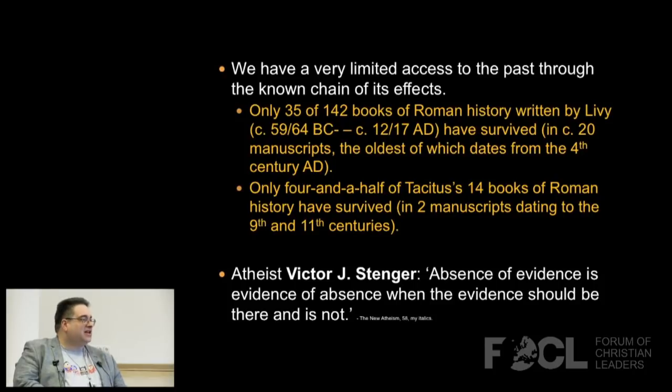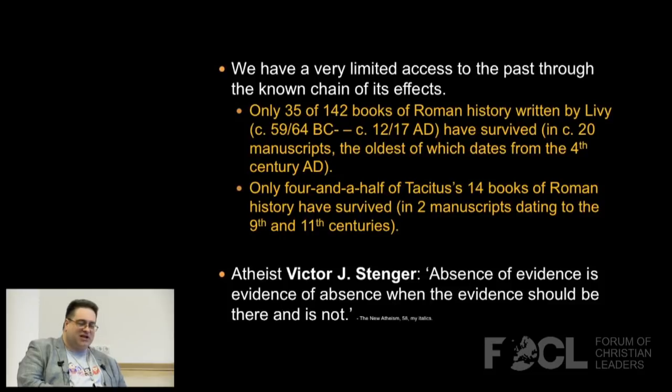And yet classical historians are well used to using this sort of information as sources to critically reconstruct what happened in the past, long, long ago. So I like quoting atheists positively where I can, because they don't get everything wrong.